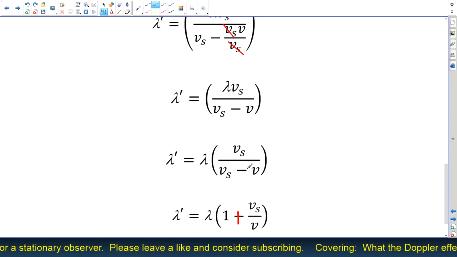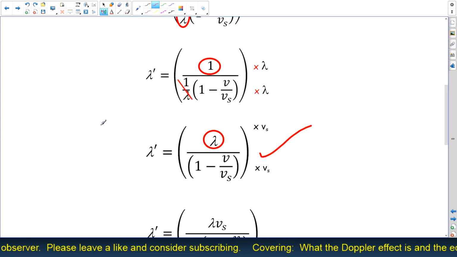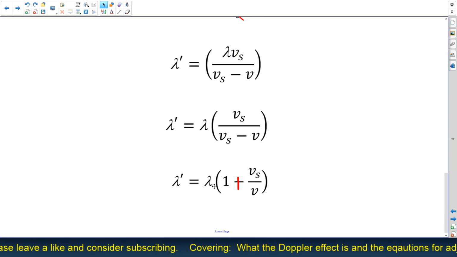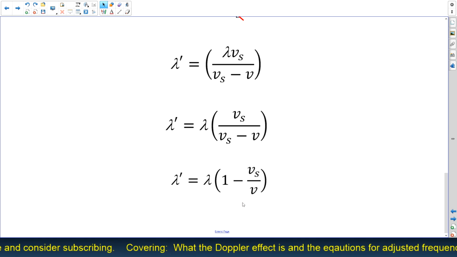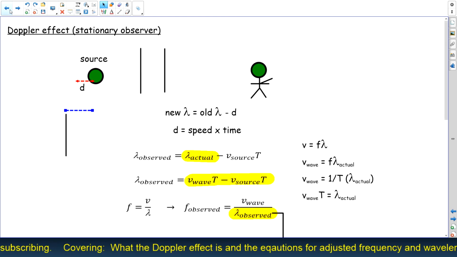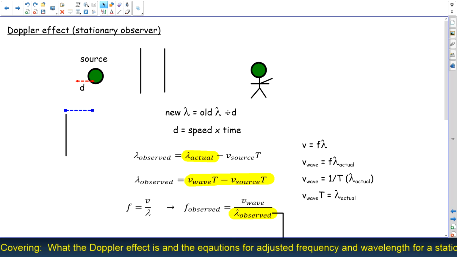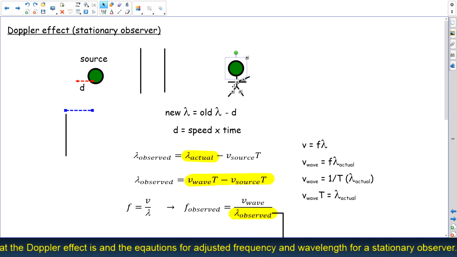Okay, so this is how to calculate the frequency and the wavelength of a Doppler shift for an object that's moving towards or away from a stationary observer. For a little bit of fun, you could start from first principles with this idea here, and ask what if the observer was also moving?